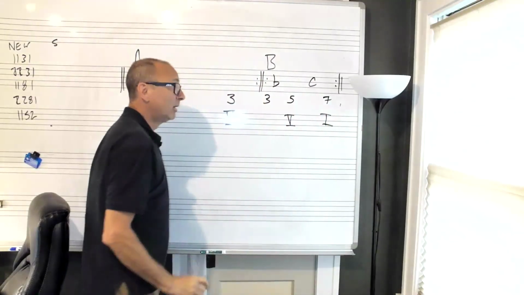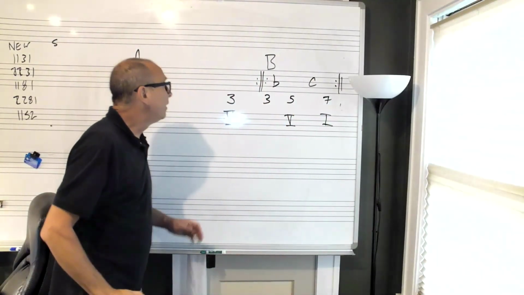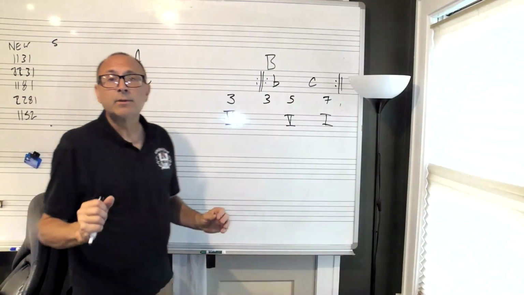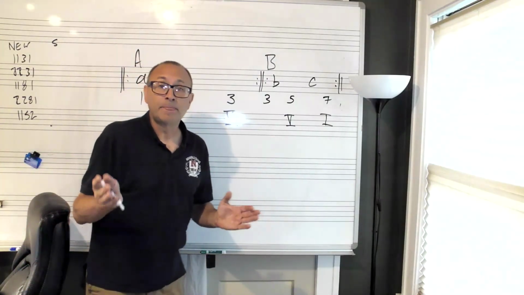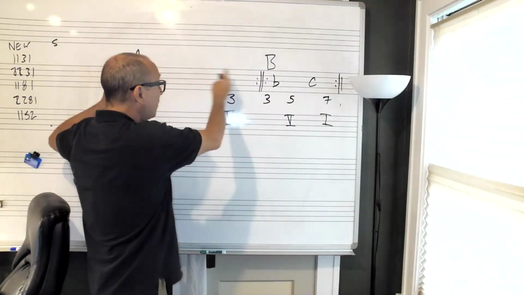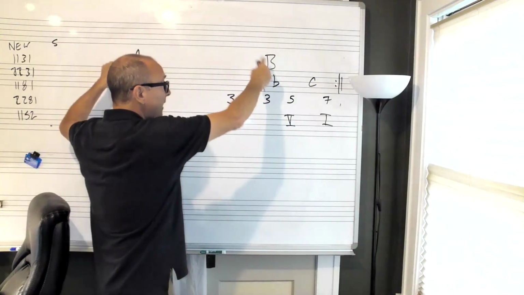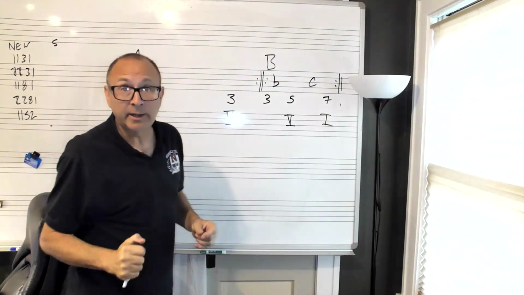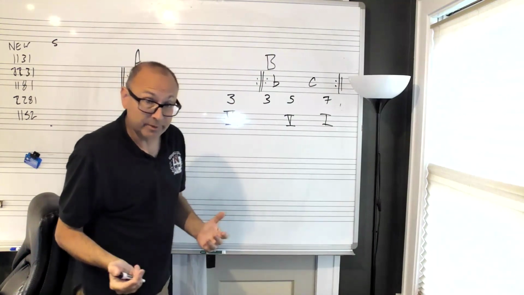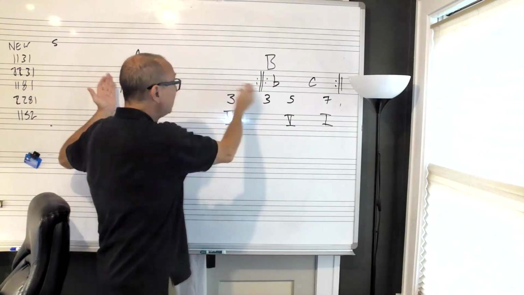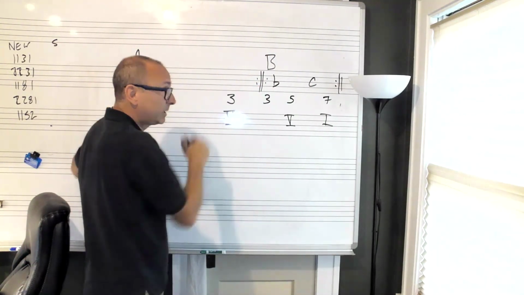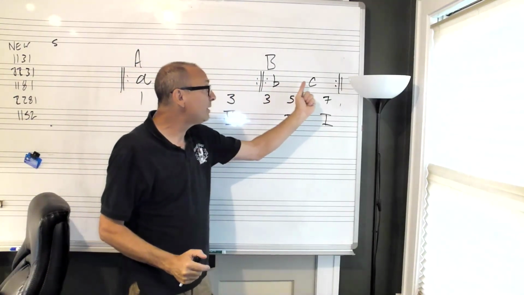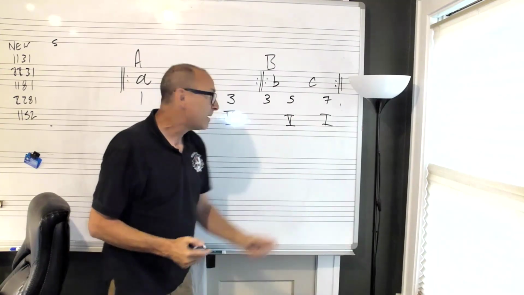Most of the time, you're always going to end on a tonic. Okay, so we have this form charted. Binary form has 2 parts, A and B, and then what happens within that form can be very creative. In this case, we see a single A phrase making up the A section, but in the B section, we see 2 phrases.